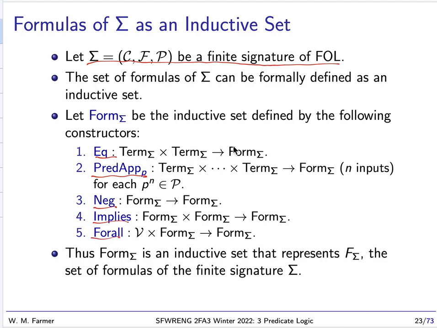So EQ takes 2 terms and gives back a formula. Predap takes n terms, depending on the arity of the predicate symbol, and gives back a formula. Negation takes 1 formula and gives back a formula. Implies takes 2 formulas, gives back a formula. And forall takes a variable and a formula and gives back a formula. So this inductive set, defined by these 5 groups of constructors, represents the formulas of our signature sigma.